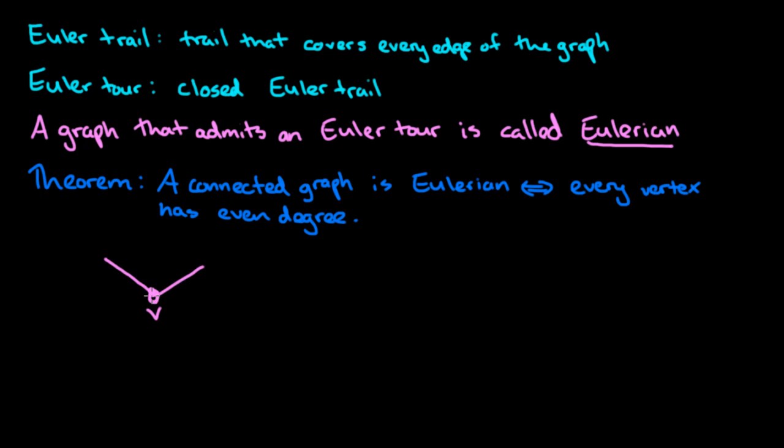And every edge in the graph gets used up in the Euler tour, and this happens for all the vertices. So if you use the vertex some number of times, like k times, in the Euler tour, then the degree of the vertex will have to be equal to 2 times k.